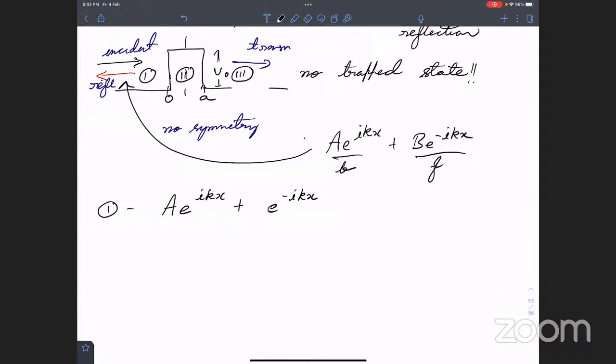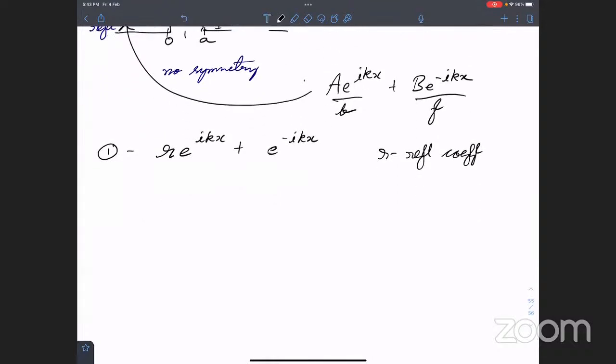And then I'm going to take this term here. I know that this is a reflected wave, so I'm going to write r times e to the power minus ikx here. So now r becomes my reflection coefficient. And I'm going to write also on the other side, in region 3, it looks like t times e to the power ikx, where t is my transmission coefficient.